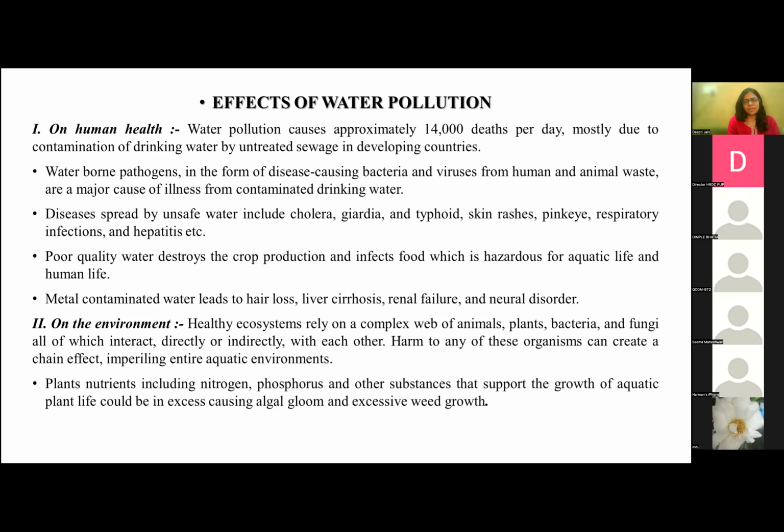High heavy metal levels in water are important. Metal-contaminated water leads to hair loss, liver cirrhosis, renal failure, and neural disorders. So these are the effects on human health.